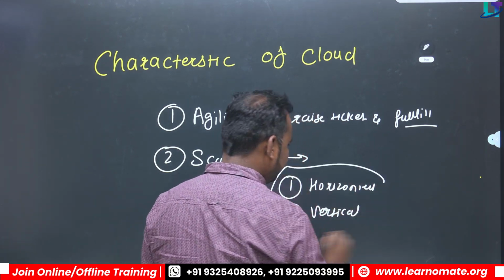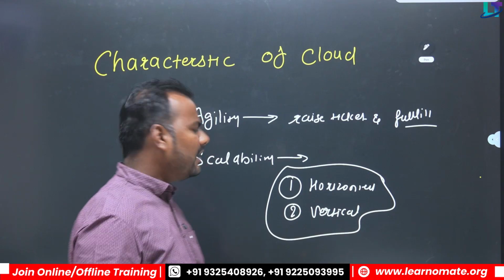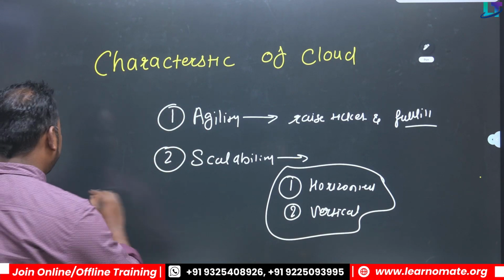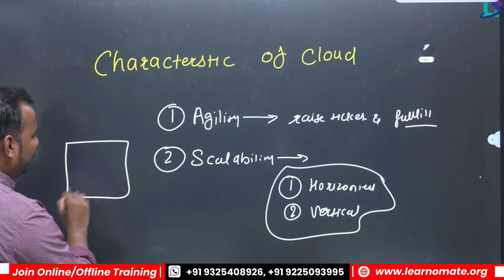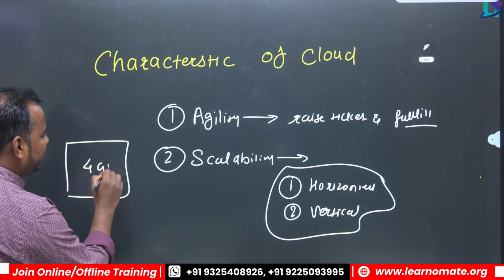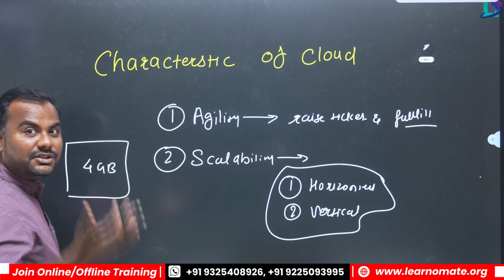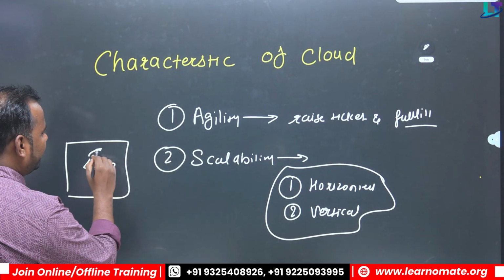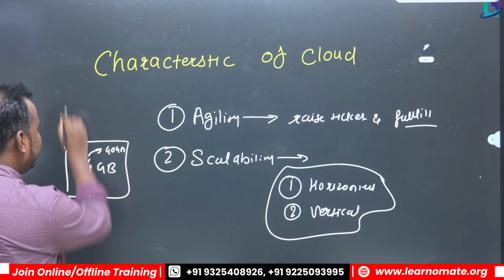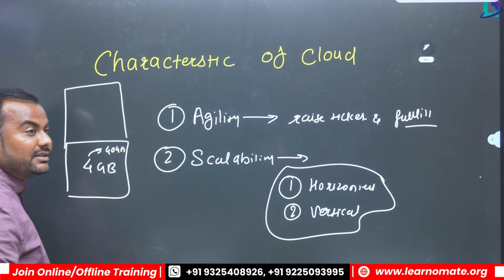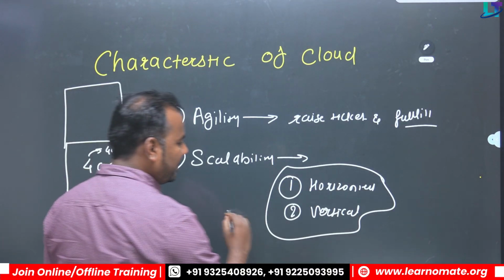Both are supported by the cloud. What is vertical scaling? Take an example: I have one node, currently it has 4 GB of RAM and my business is growing. I want to increase from 4 GB to 40 GB. The same server, you increase the configuration. This is called vertical scaling.